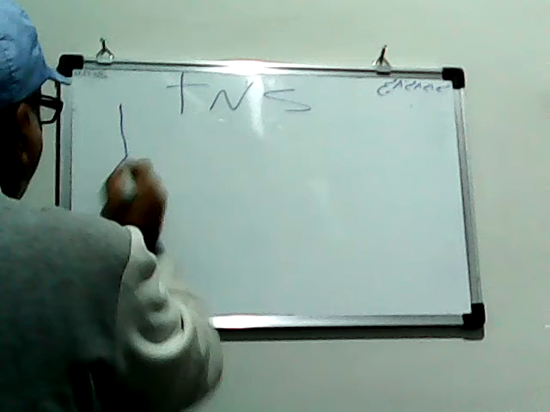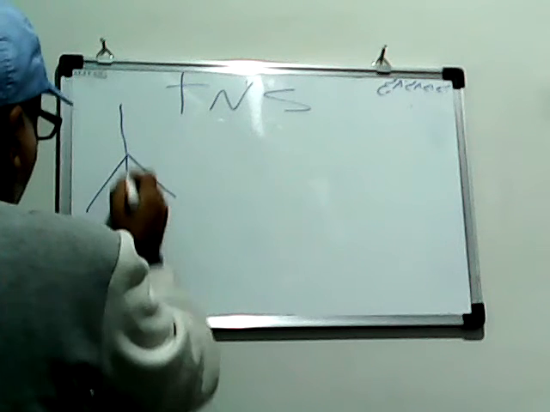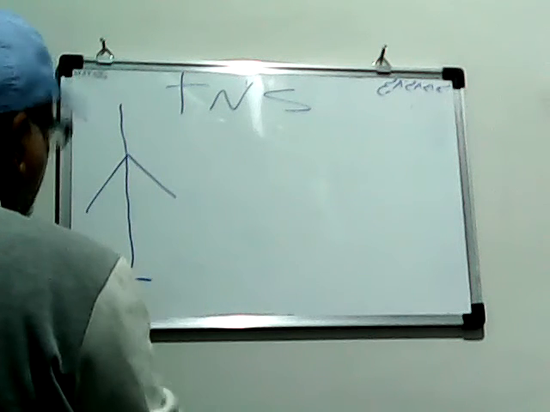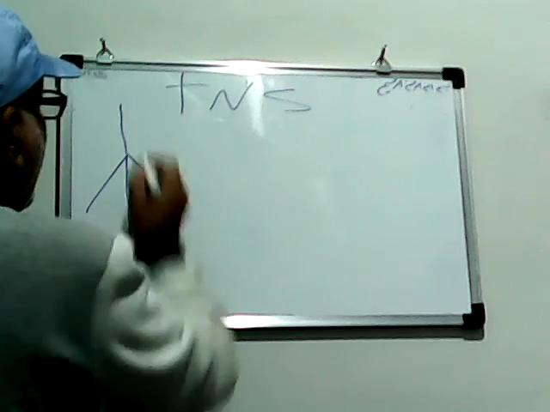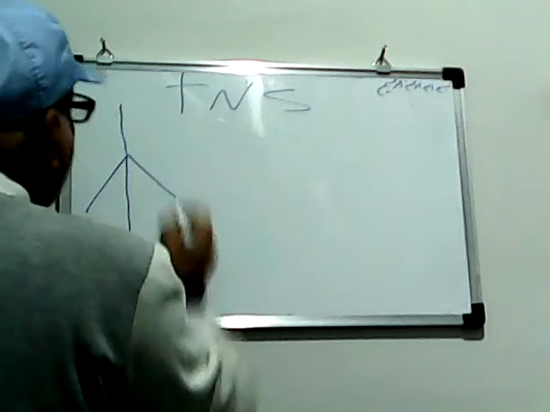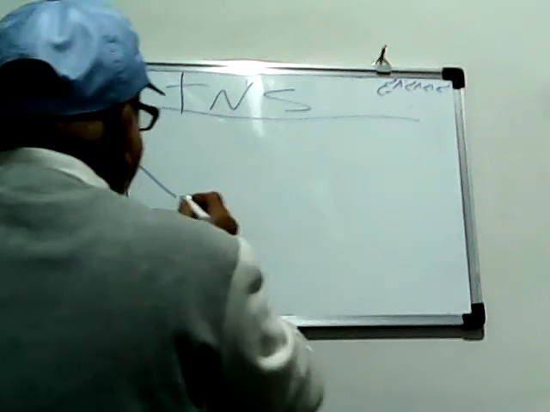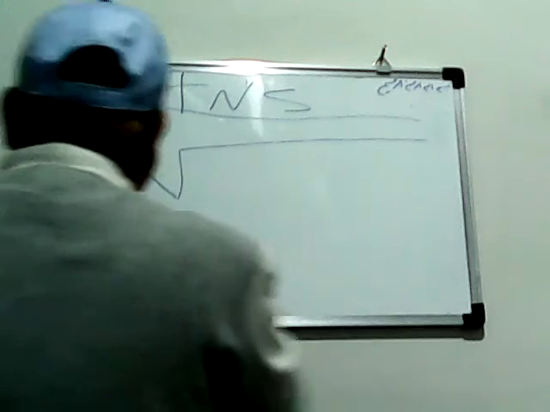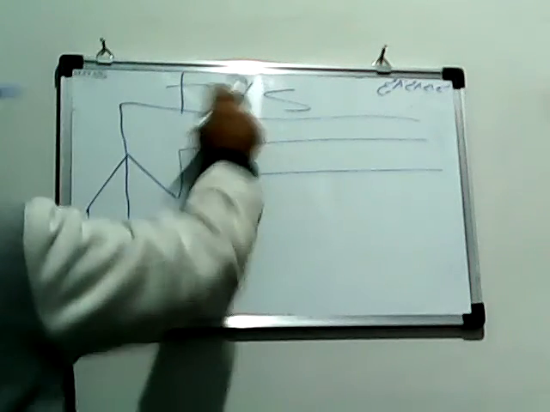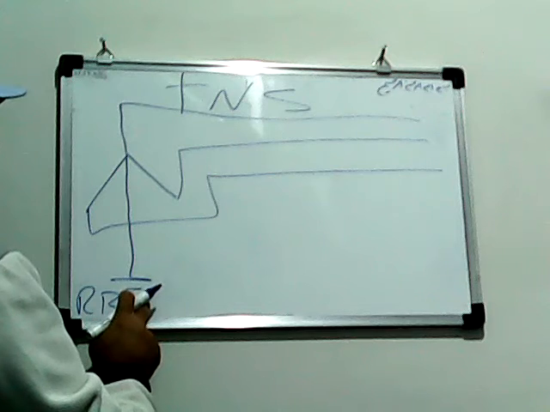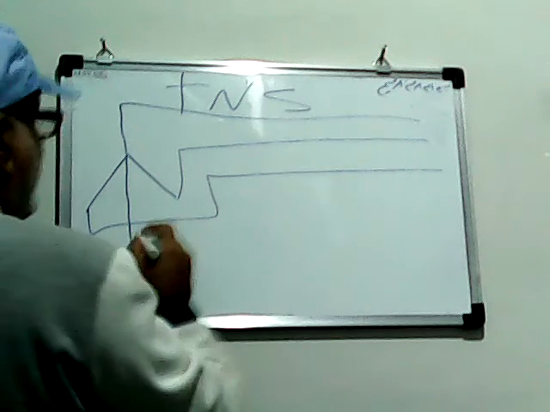We have a step down. T, we have the earth electrode, and we use it. When the second letter is N, we use this earth electrode.